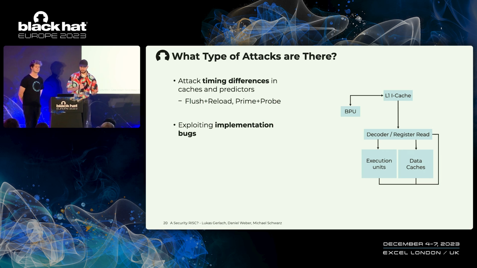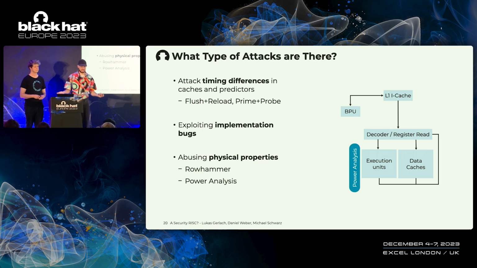More recently, we also had implementation bugs. For example, Daniel talked before about EPIC Leak, where we could architecturally see something that went wrong in the microarchitecture, or Meltdown, where we can leak arbitrary data by a bug in the fault handling of the CPU. And then if you visit the Collide+Power talk, we also had a lot of attacks that abuse the physical properties of a CPU.